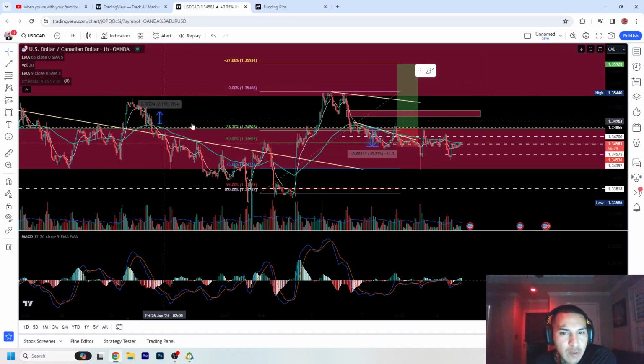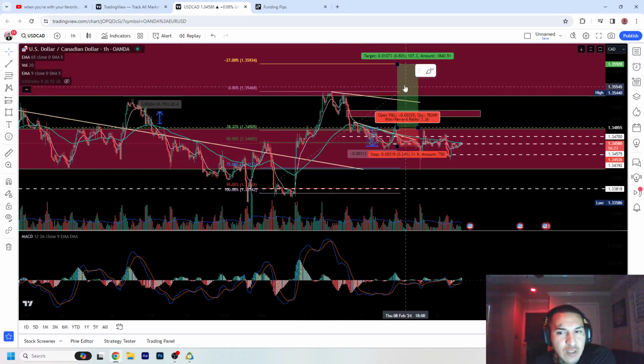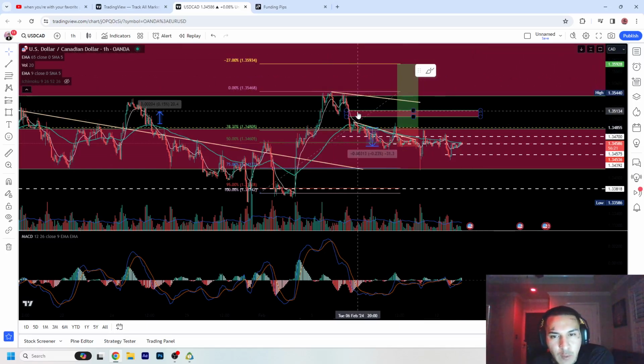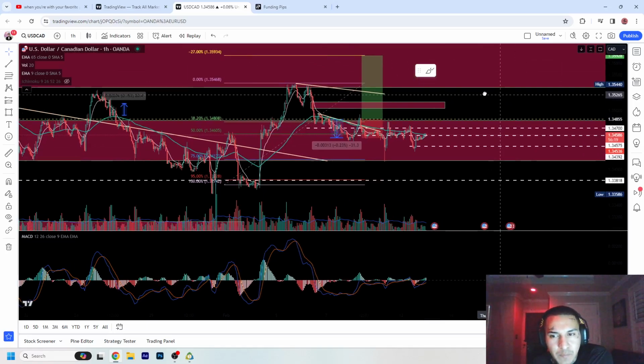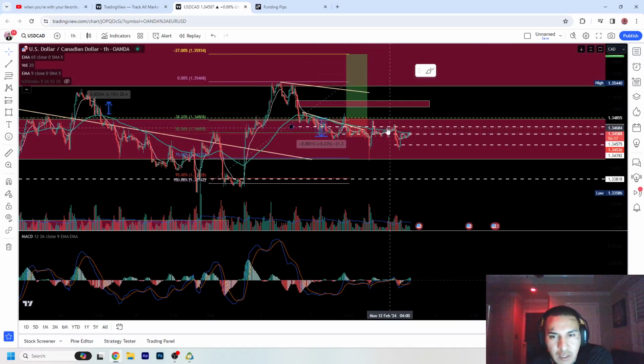But here we saw that it broke this area. So we know that next time when it returns, it's gonna come full speed. We have a fair value gap here. So we might see, as you can see, it start to break, lower high. Prices decreasing with time, but now it's trying to rise.